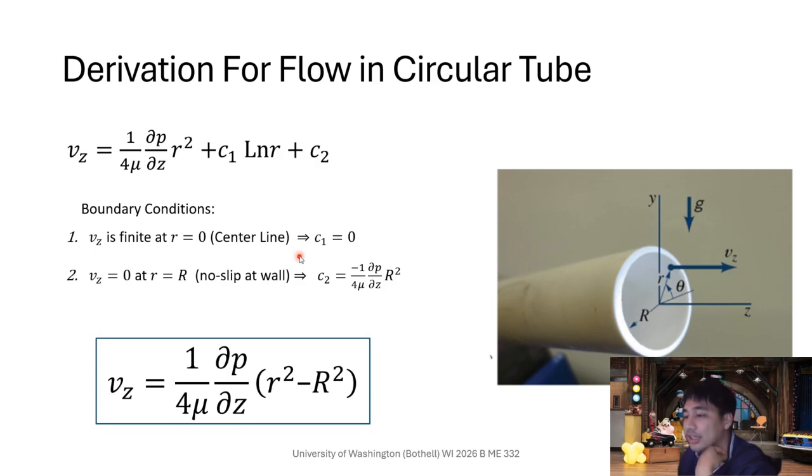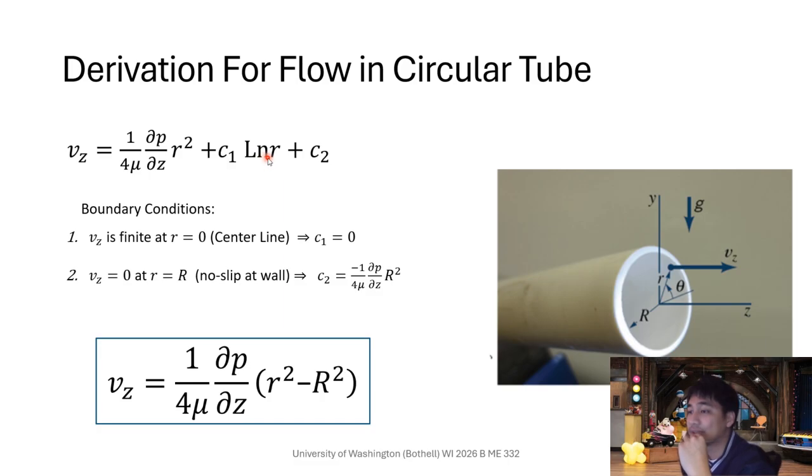So your center line, that's what r equals 0 is. And then if you plug that in, this vz, and then r is equal to 0, you're going to get this term is equal to 0, and then this c1 here, and then this c2. And then ln of r here is going to be 0.